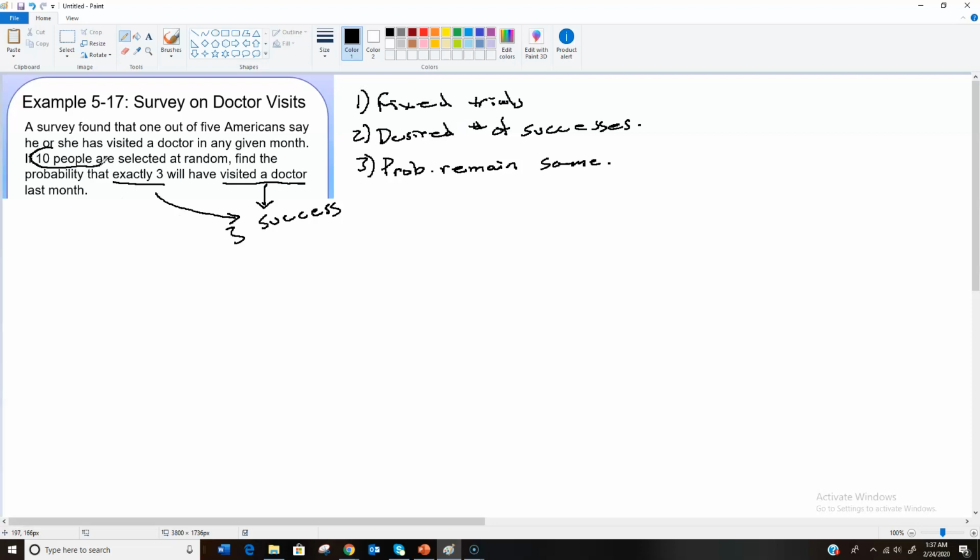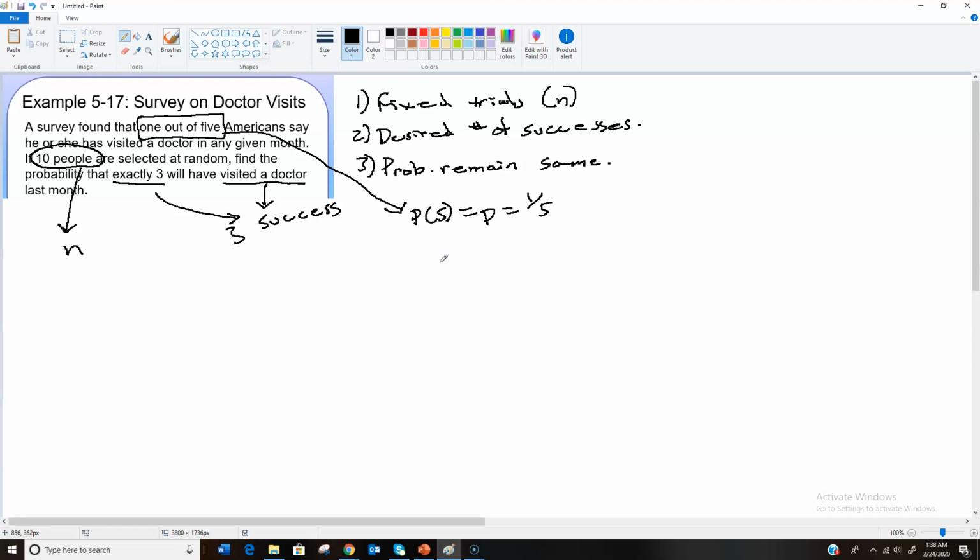So 10 people, that's our N. That's our fixed number of trials. And they were kind of a little vague with our probability here because they wrote it out in words. But 1 out of 5, that's our probability of a success, or our P is 1 in 5.